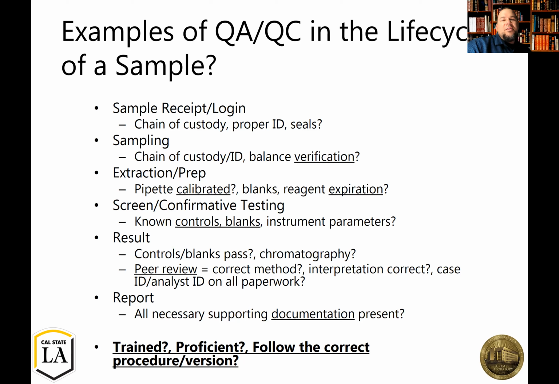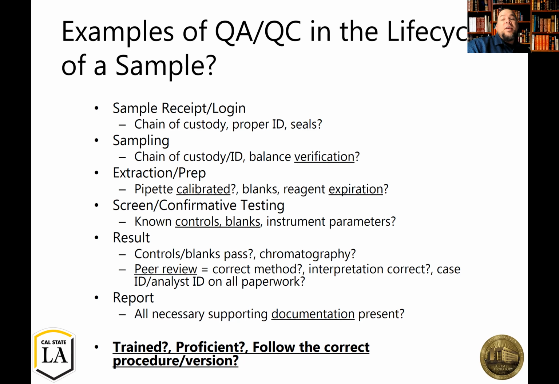And this slide here summarizes some of those life cycles of a sample. We talked about that at the beginning of this lecture. The sample receipt, right? Chain of custody on that. Are they properly labeled? Are they sealed properly? Sampling, chain of custody again, making sure the balance is verified.